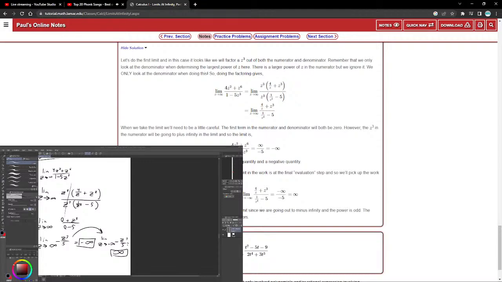In this case, the z cubed in the numerator gives negative infinity in the limit, since we are going out to minus infinity and the power is odd. Then the answer is positive since we have a quotient of two negative numbers.